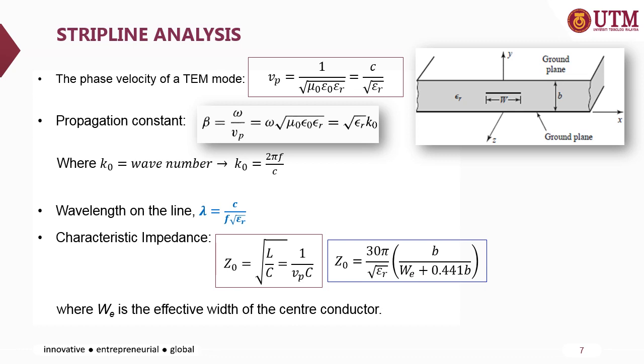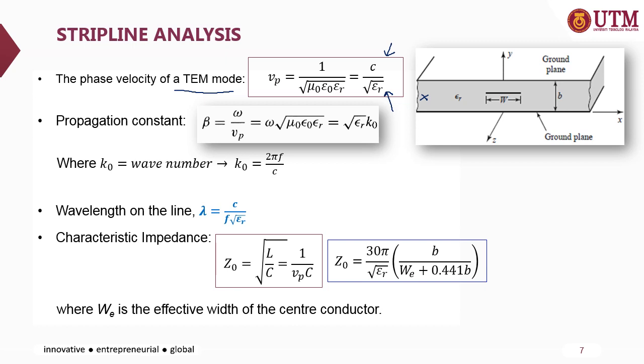Okay, for strip line, we can calculate the phase velocity for the TEM mode of operation, Vp, by using the following equation. C is the speed of light and epsilon R is the relative permittivity of the dielectric materials.